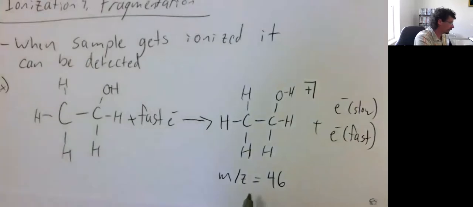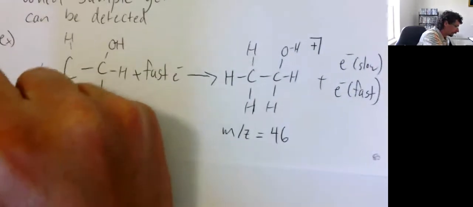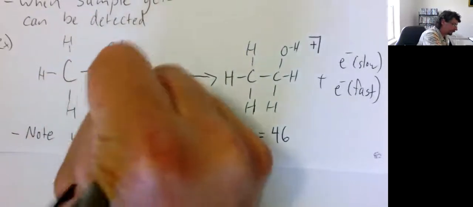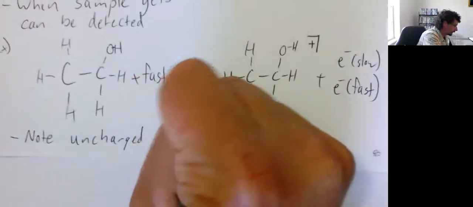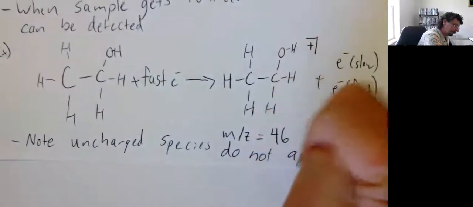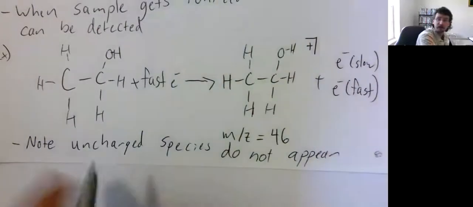So this mass to charge ratio is very important. If the species is not charged, it will not be detected. So note, uncharged species do not appear in the mass spectrum.